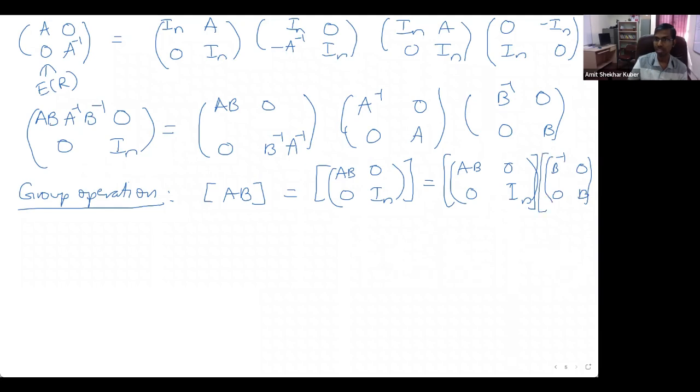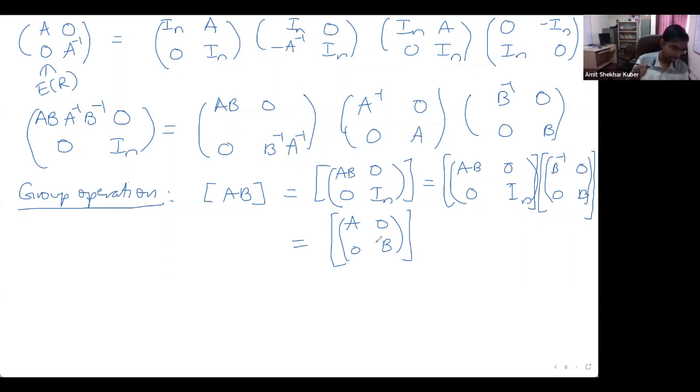So this particular element is in ER. These square brackets actually denote the class in K1R. So this one will be A 0 0 B. So in K1R, the multiplication can either be done like this or just by putting those things diagonally, side by side. So these are two different ways of computing the product. K1R is a multiplicative group, so we compute the product using either of these two methods.